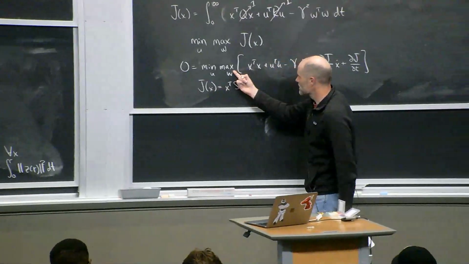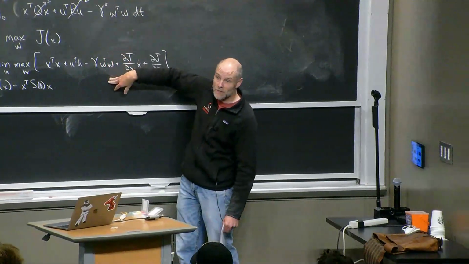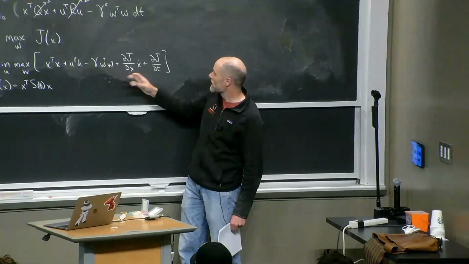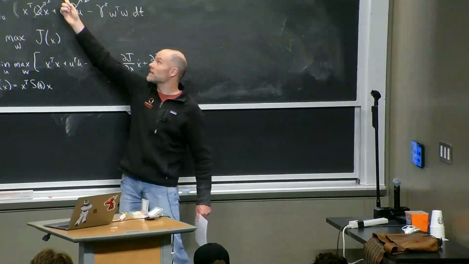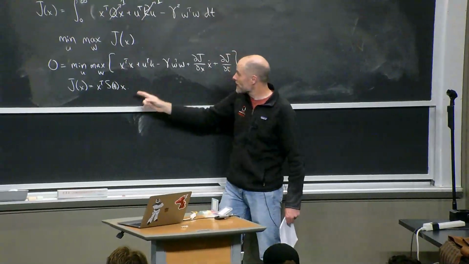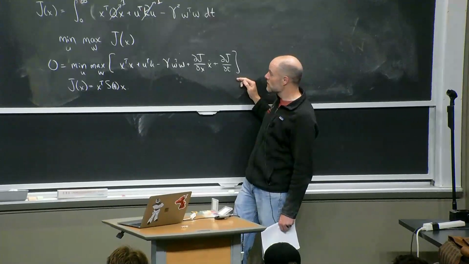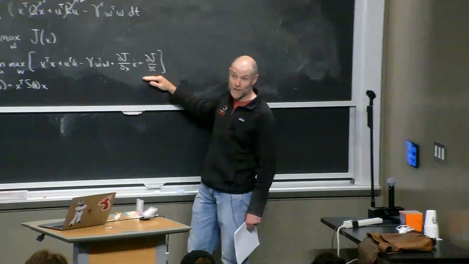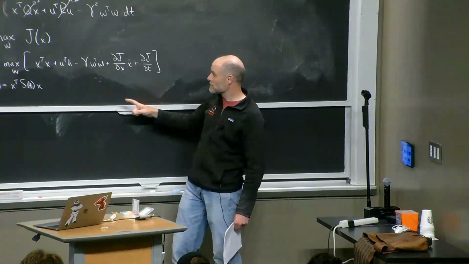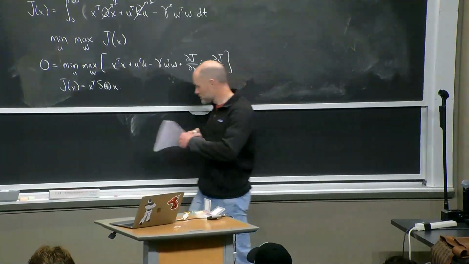This is now maximizing a concave quadratic in W. And W comes in linearly through X dot. So I can take the gradient of this internal thing with respect to W and solve for the best play for the adversary.